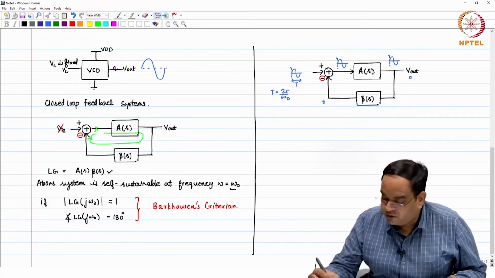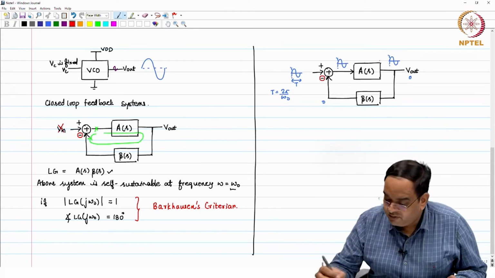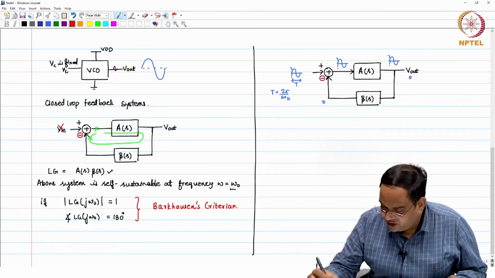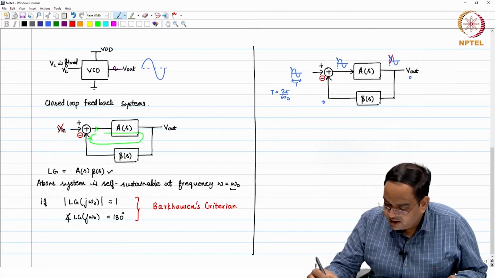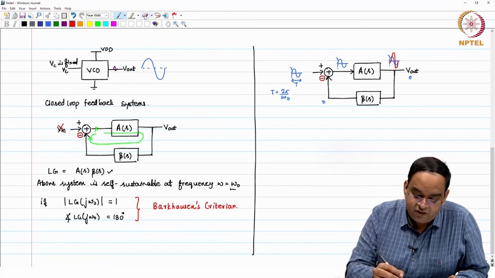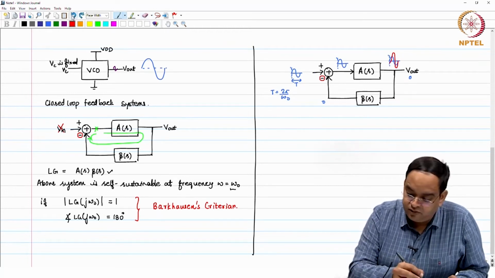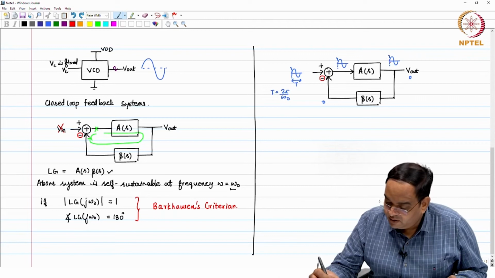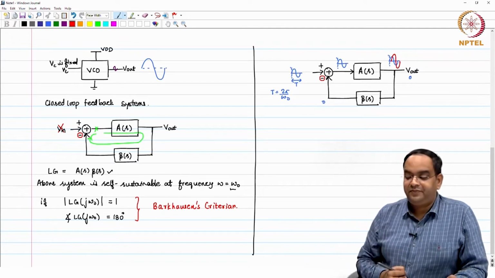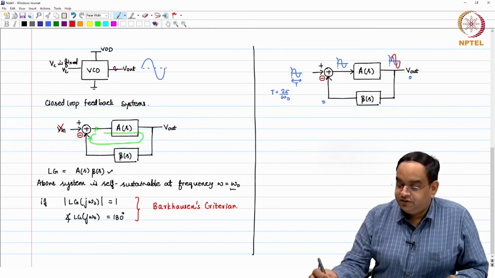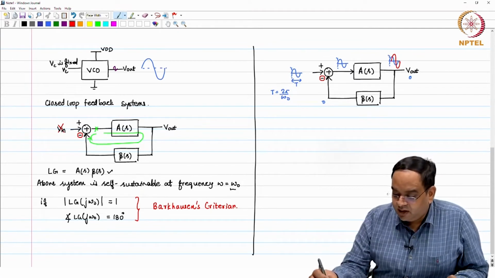So in place of just having the same blue waveform, I am actually providing some phase shift and some amplification. That is what I am going to have at one particular frequency. At one particular frequency, there is going to be an amplification and phase shift. So that will happen at output A of s.